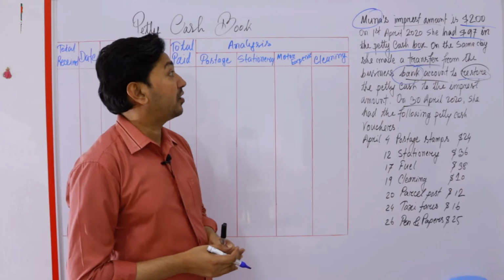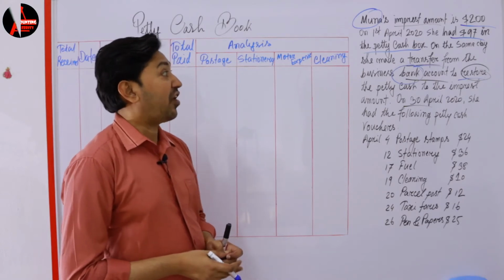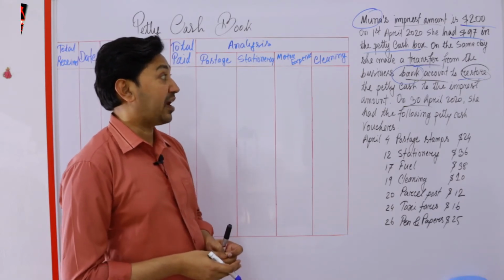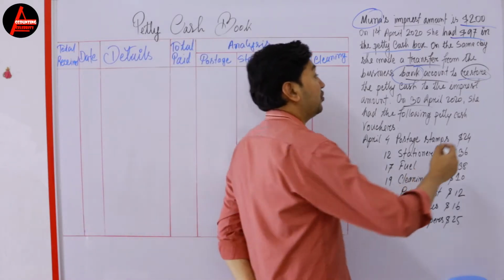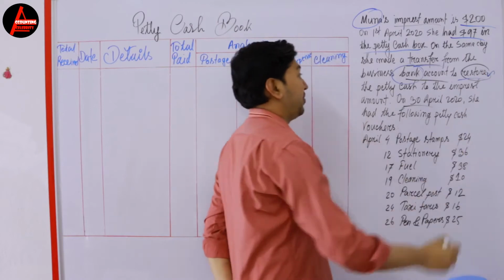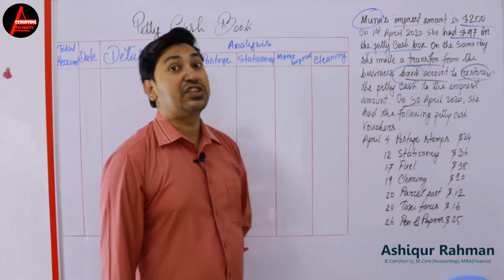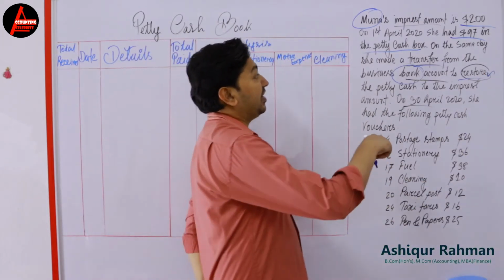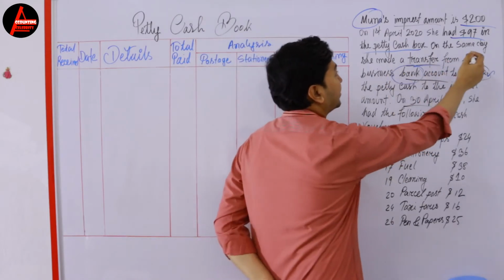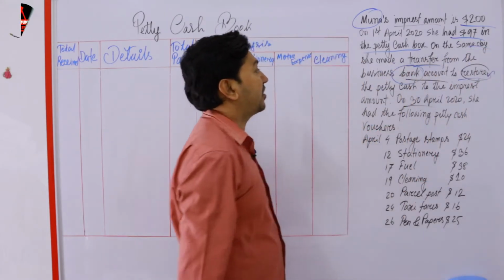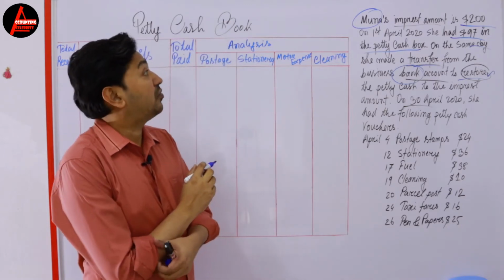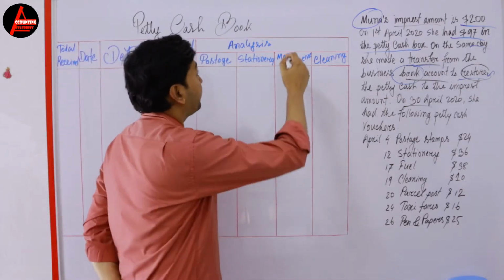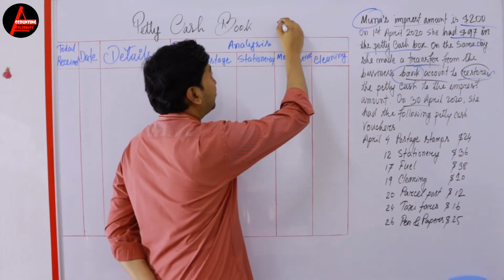On the same day, she made a transfer from the business bank account to restore the petty cash amount. So how much did she transfer? It is written here: on the same day, she made a transfer. Look at how much her imprest amount is. Imprest amount is $200.